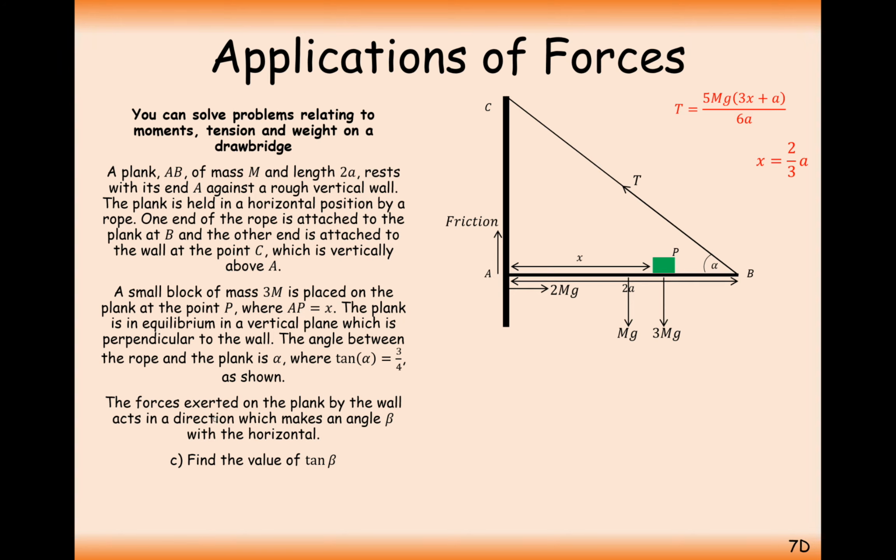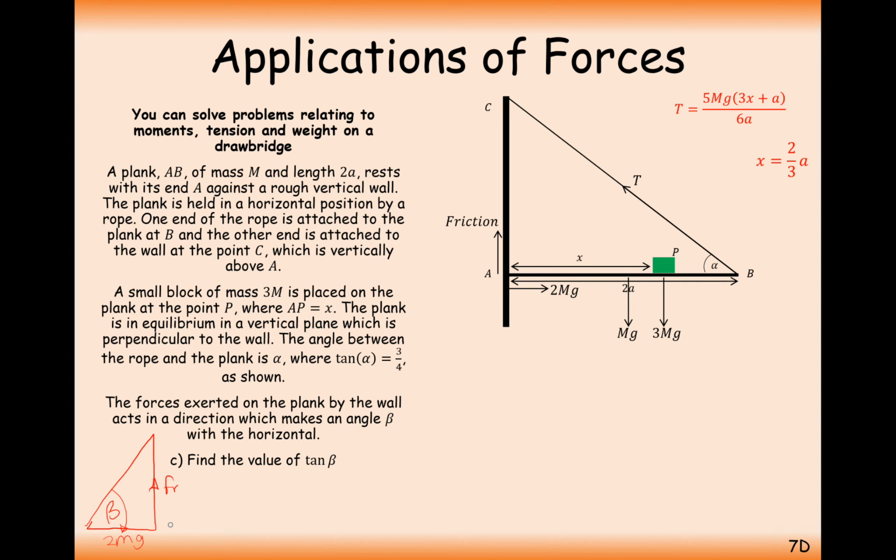Well, what forces are exerted on the plank by the wall? We have the friction force here, and we have the 2mg force here. So what's going to happen with these two forces is we're going to have a total vector that takes into account both the friction force and the 2mg force. And what I imagine they want us to work out is this value beta down here, that is the angle between that total component of these two forces and the horizontal.